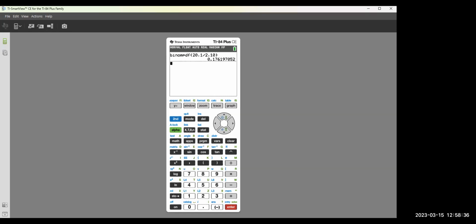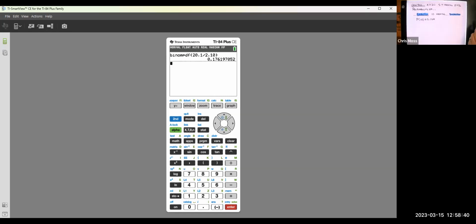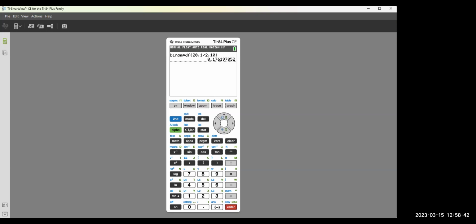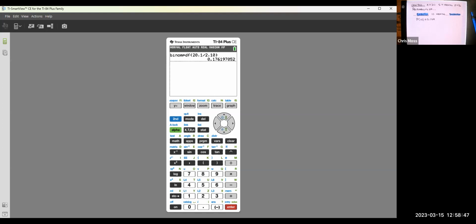The X value is 20, right? Pardon me? The X value is 20, right? The X value is 10. I'm going to go over the keystrokes again. Second distribution, PDF.